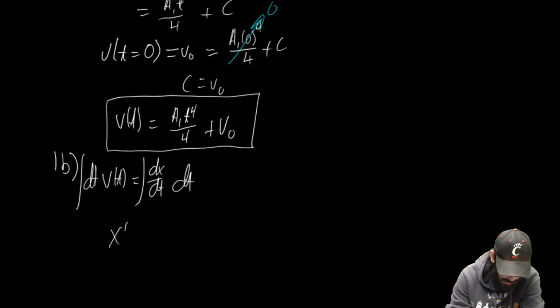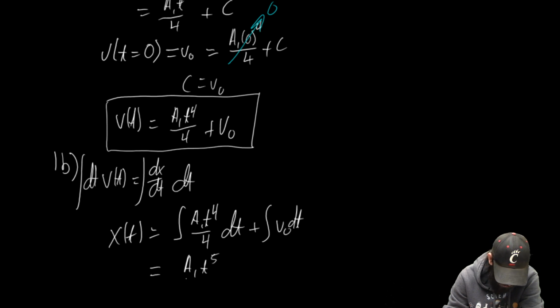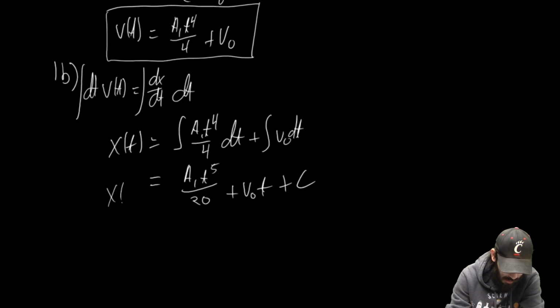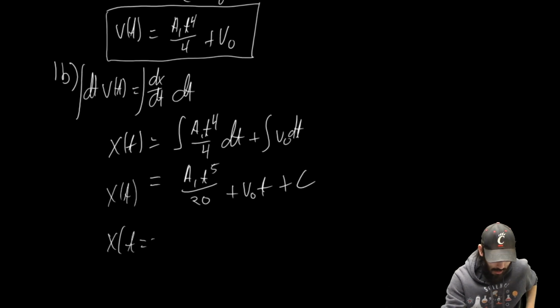So this says that x of t is equal to the integral of a1 t to the fourth over 4 dt plus the integral of v0 dt. Okay, so this is going to be a1 t to the fifth divided by 20 plus v0 t plus a new constant of integration. To find this new constant, we know something about the position at time t equal to 0, which is 0.